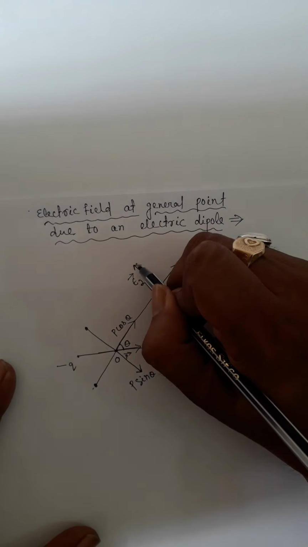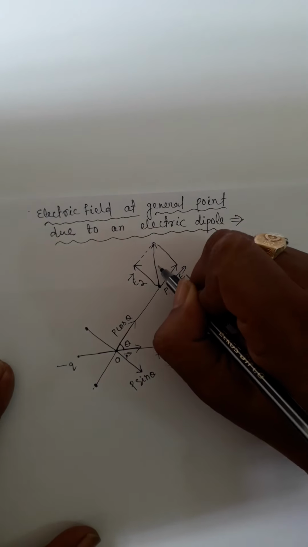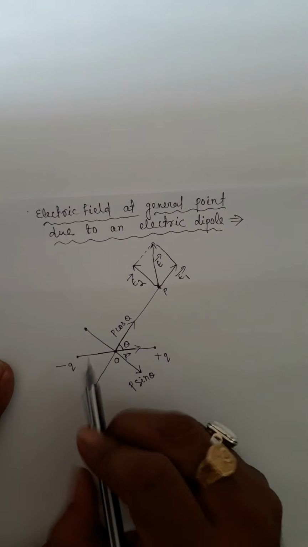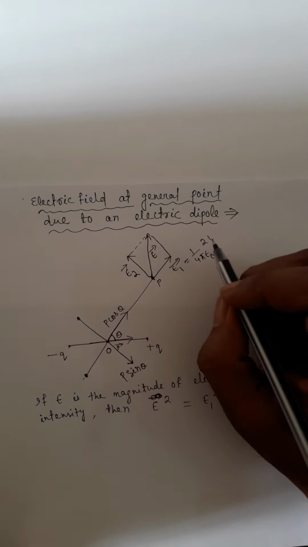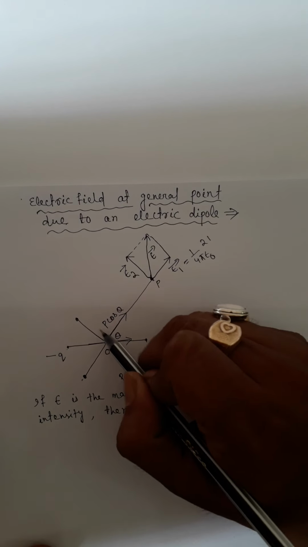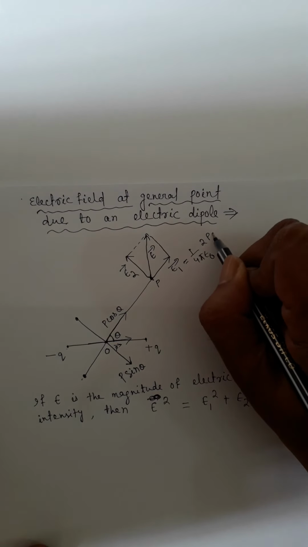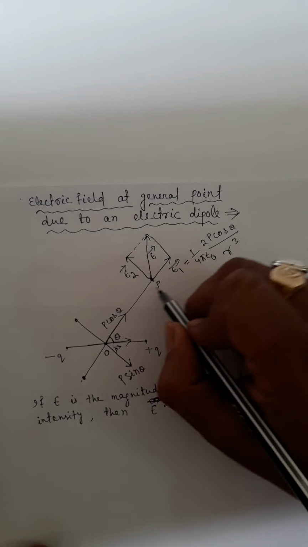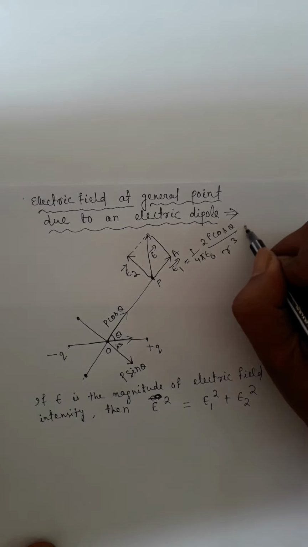So if we draw a parallelogram here, then the diagonal will show the resultant electric field intensity, and we have to calculate this resultant electric field intensity at this point P due to this electric dipole minus Q and plus Q. Since E1 is on the axial line of this electric dipole and the dipole moment is P cos theta, E1 vector is equal to 1 by 4 pi epsilon naught, 2P cos theta divided by r cubed, and the direction will be along PA.